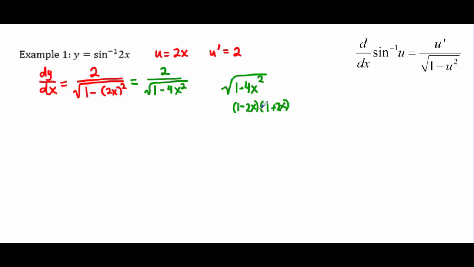But the problem is those aren't the same, which means I can't take the square root of this, because I would have to have basically 1 minus 2x squared or 1 plus 2x squared, and I don't have those. So I can't simplify that square root, and it's better in general when in doubt to just assume you can't simplify a square root, because there are so many times where you can't, and it would be frowned upon for you to even try. So our answer to this is 2 over the square root of 1 minus 4x squared.